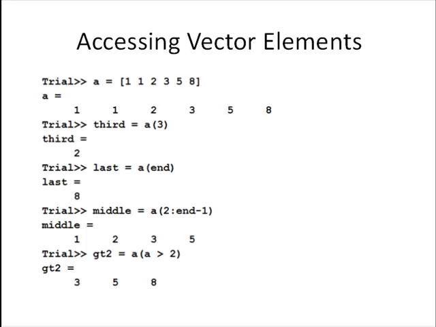So here's that vector A again, and let's say we want to just pull out the third element of A. We can do that by putting the index 3. We call that the index, and we just do that in parentheses. So you can read this command as take the third element of A and assign that to a new variable that we called third.